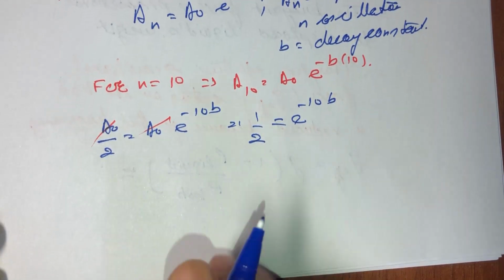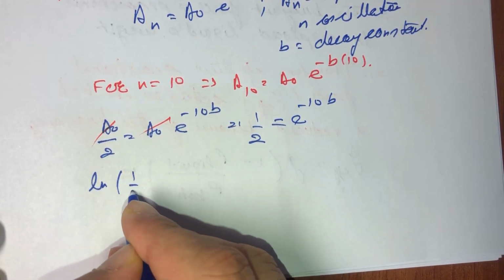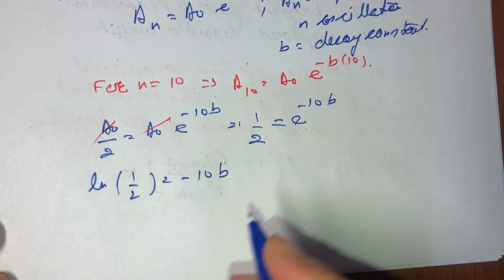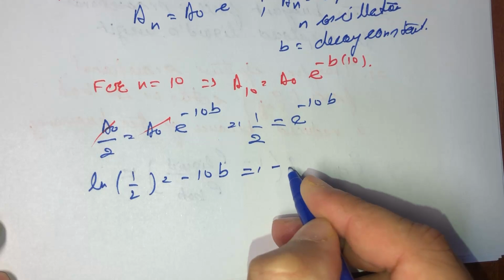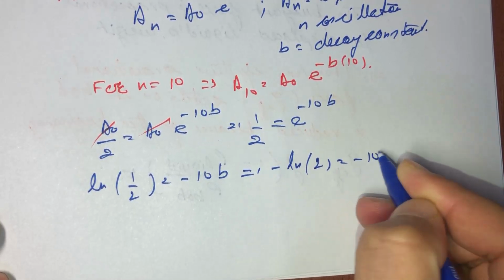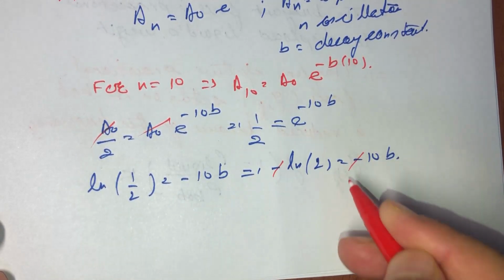So we get 1 by 2 is equal to e raised to power minus 10b. And taking natural log both sides, we get natural log 1 by 2 is equal to minus 10b, which can be written as natural log of 2 is equal to 10b.